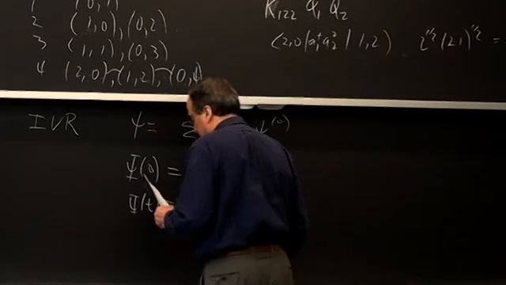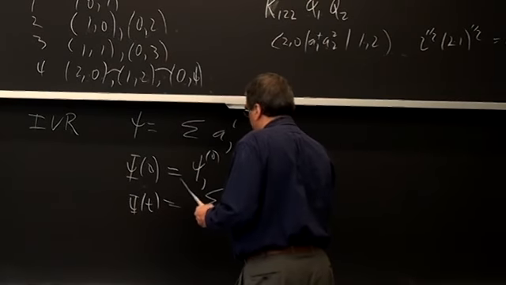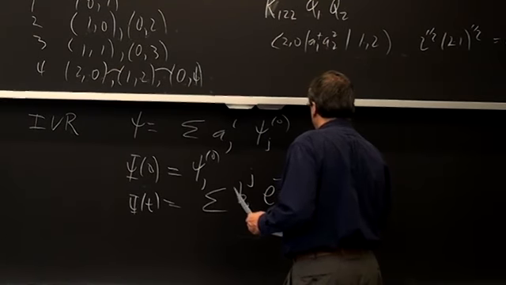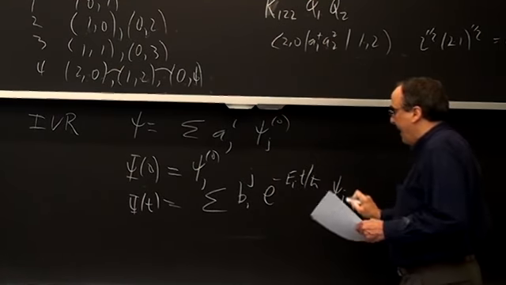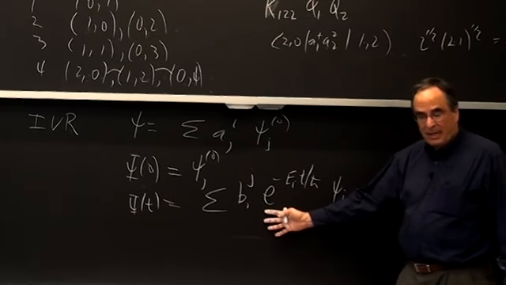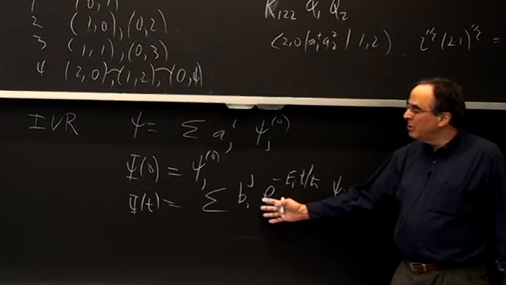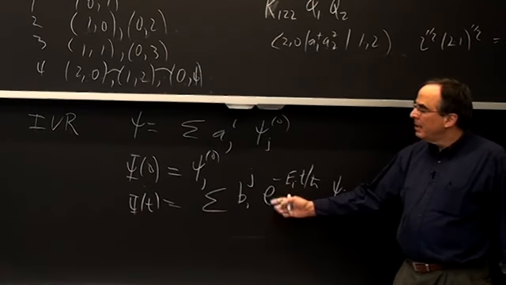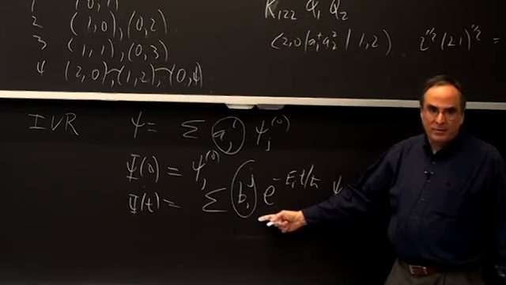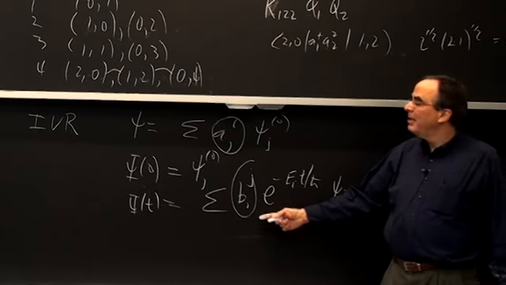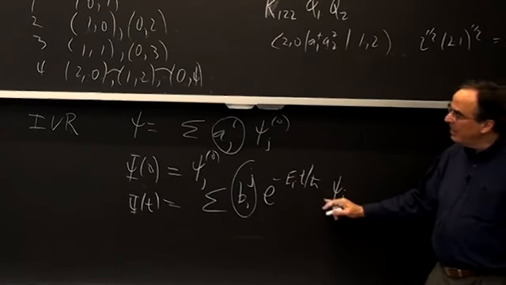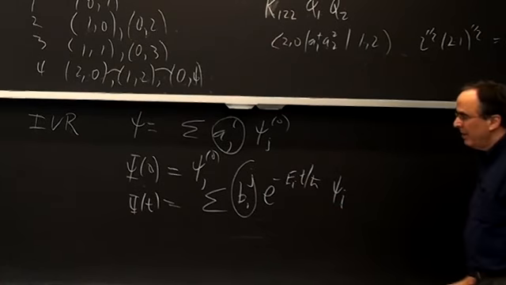And so we have b_ij e to the minus E_i t over h bar, for each i. So this is an expansion in terms of eigenstates, and this is the time dependence. So it's a superposition of eigenstates, and these two terms come from the unitary transformation that takes you between the zero-order and the eigenstate representation, and it's just a matter of which way you're going.